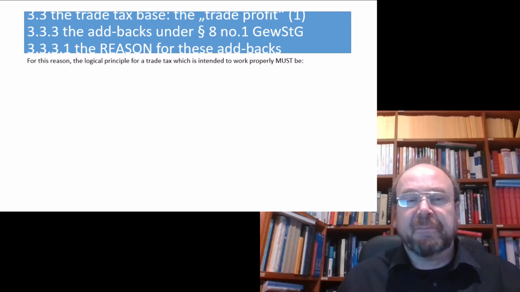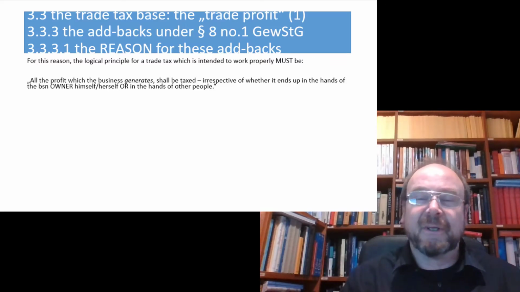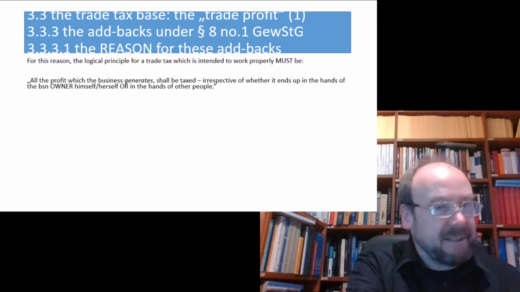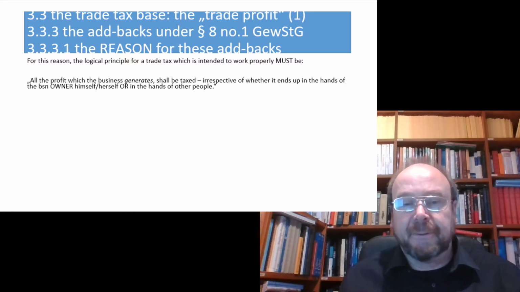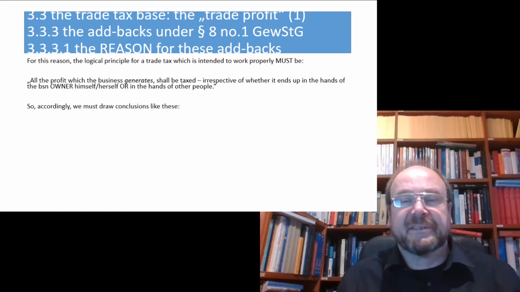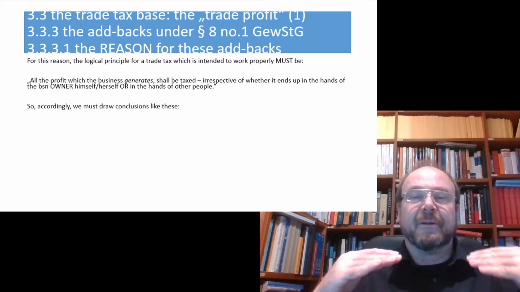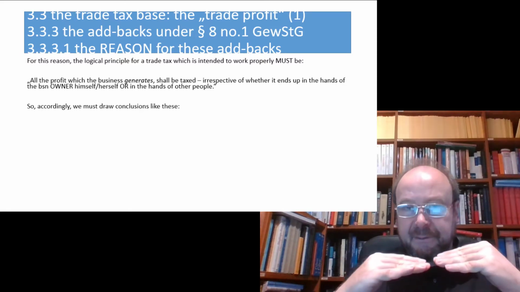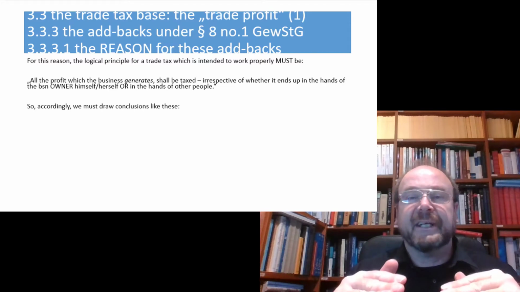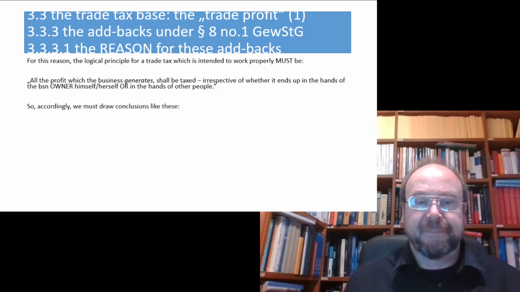So every money which is generated in the firm shall be taxed by trade tax, irrespective of whether the owner keeps it or hands it over to somebody else later. So all these nice interest and rent payments and so on, which we mentioned, that is money which had its origin in the firm. It was generated there. The only thing is, it was handed over to somebody else.